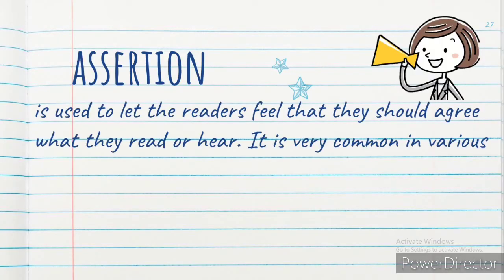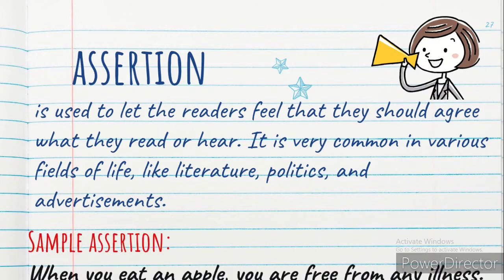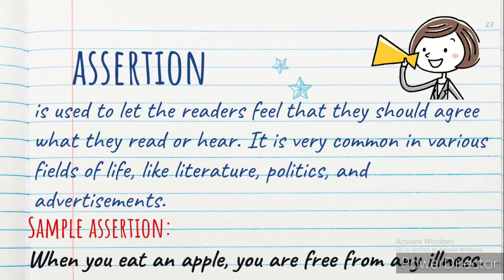Assertion is used to let the readers feel that they should agree with what they read or hear. It is very common in various fields of life, like literature, politics, and advertisements. Sample assertion: when you eat an apple, you are free from any illness.